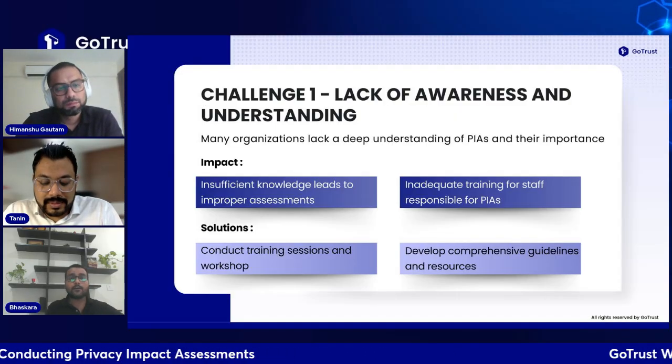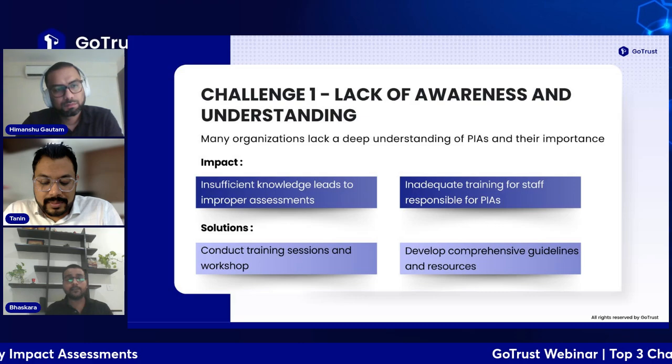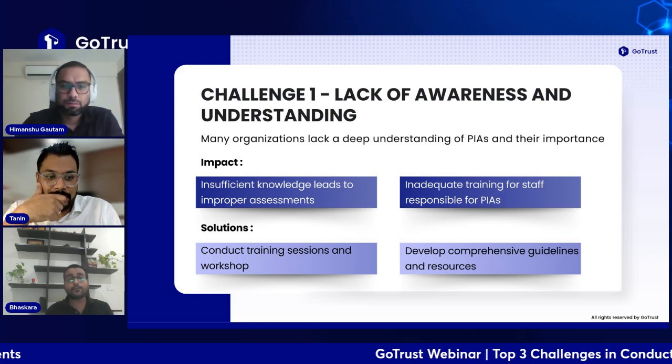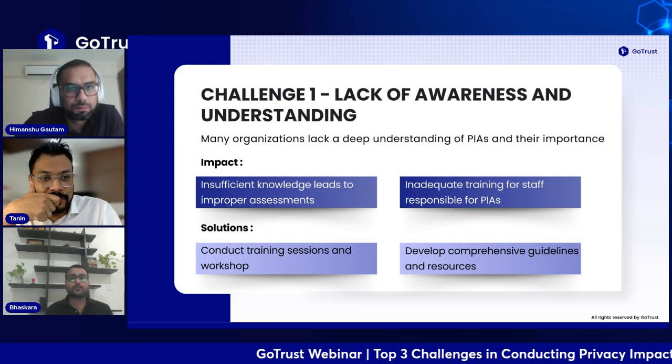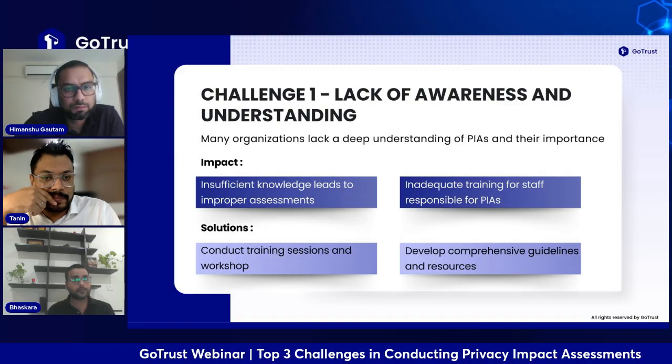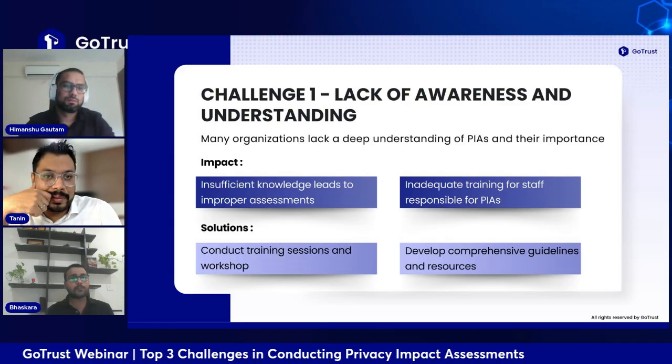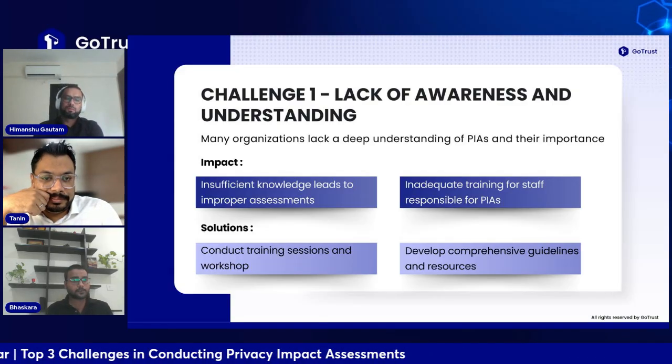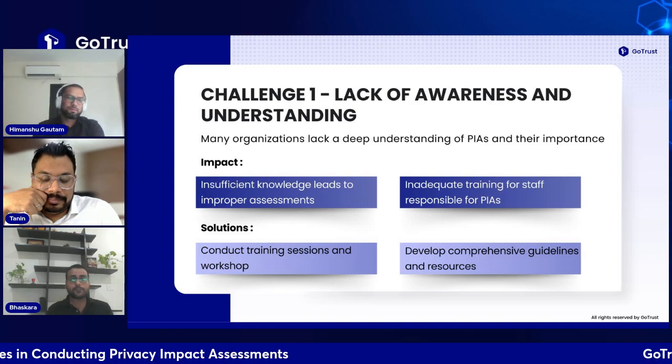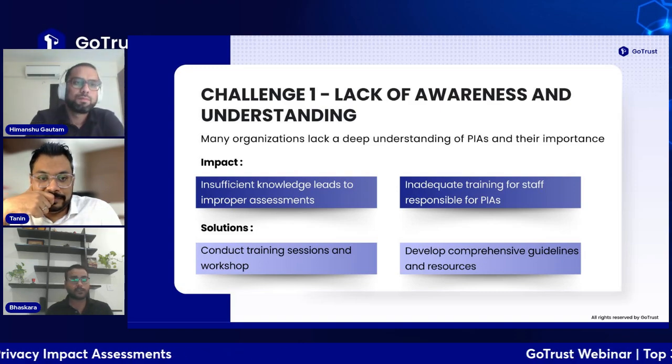That's a screening question, and it filters down the requirement of a PIA very clearly. If you plug the PIA requirement in as a checkpoint in all the business processes where personal data is involved, that will be a very good point to start.